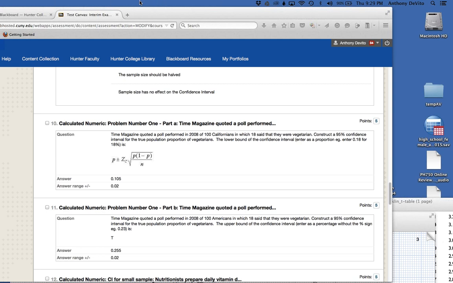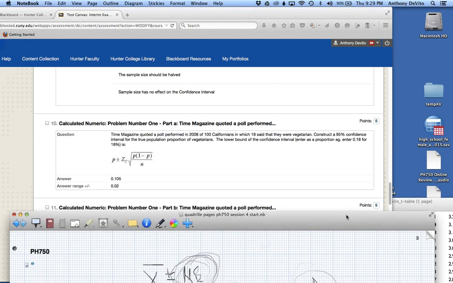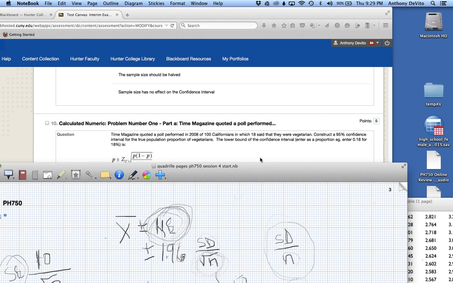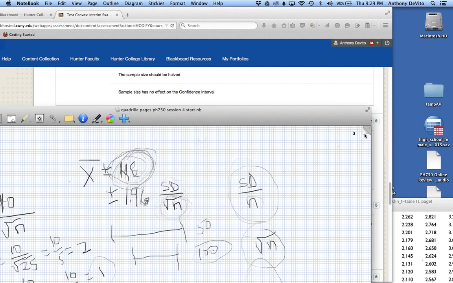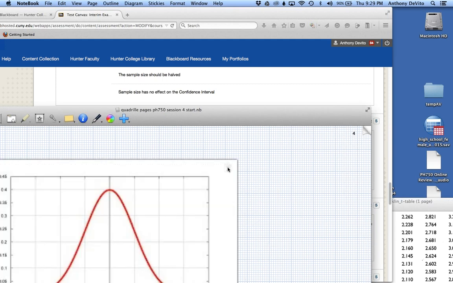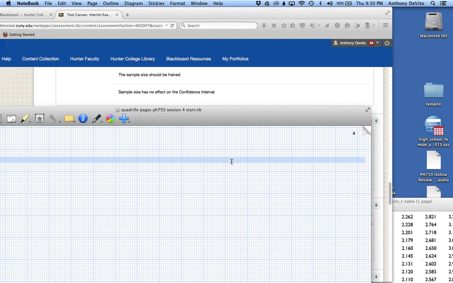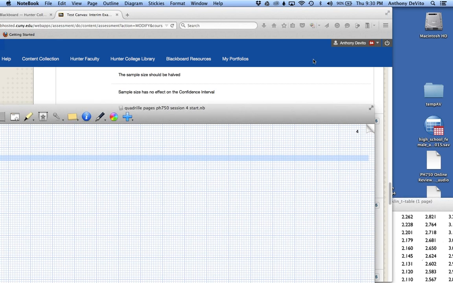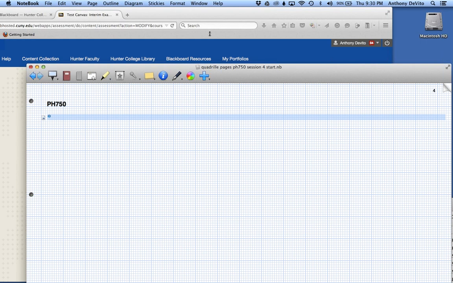Okay, first of all, we always use the z-score, not the t-score, when calculating a confidence interval for a proportion, because our first rule is that there has to be at least 30 people, 15 on each side of the outcome. Okay, and I'll show you that we have that. So n is equal to 100, right?